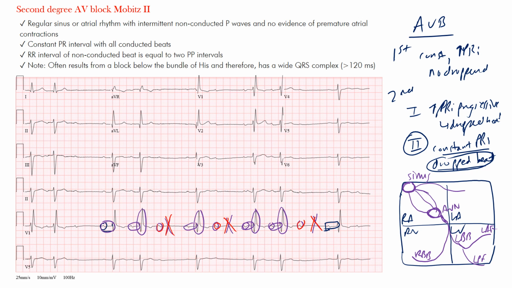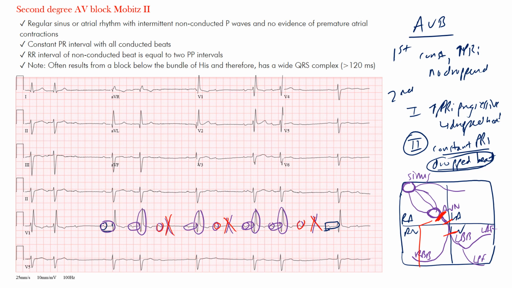So let's look here. We have conduction from the sinus node coming down to the ventricles, and what we're saying is happening here is that you have conduction failure at the His-Purkinje system, so pretty much below the AV node, somewhere down here. There's a block below the AV node that's causing failure of conduction, so you have intermittent dropped beats.